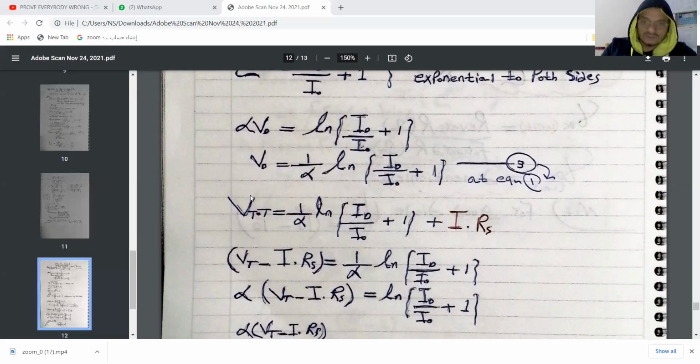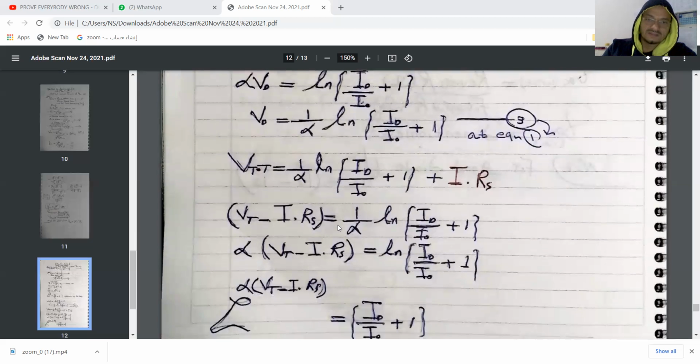Now let's work on V total. Like I said before, V total equals VD plus V_RS. That means equation number 3 will be here plus V_RS from Ohm's law. We can write it like that.